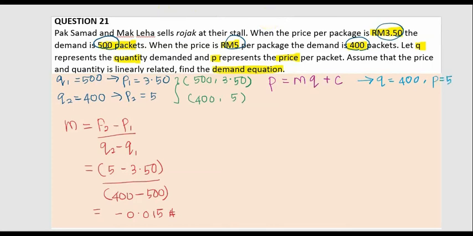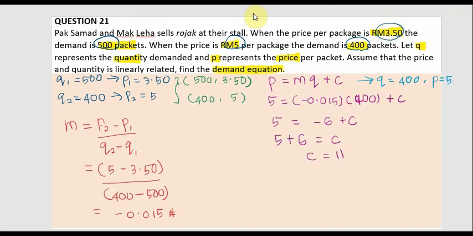Okay, so apa yang kita dapat di sini? 5 equals to negative 0.015, okay, quantity is 400, okay, plus C. So what we have here? Okay, 5 equals to negative 6 plus C. Then we have 5 plus 6 equals to C. C is 11. Okay, dah dapat jawapan C.